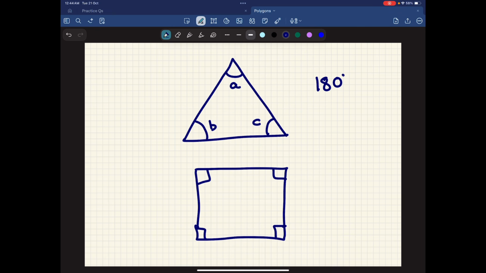So the sum of the interior angles of a square is 360 degrees. It is 360 degrees for any quadrilateral, whether it's a square, parallelogram, rhombus, kite. So the sum of the interior angles of a quadrilateral will be 360 degrees.